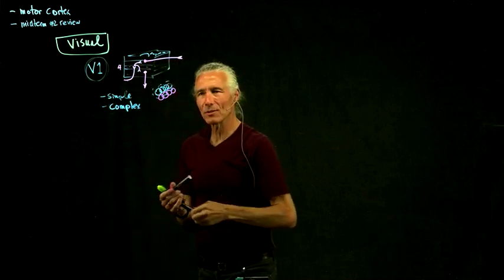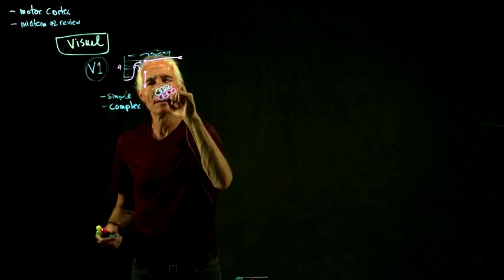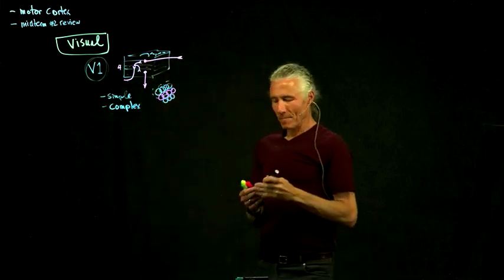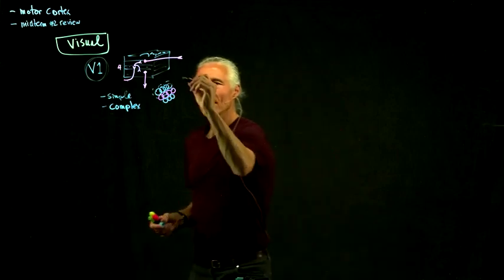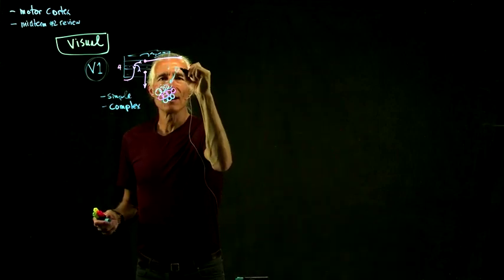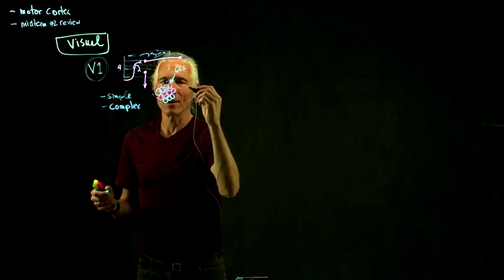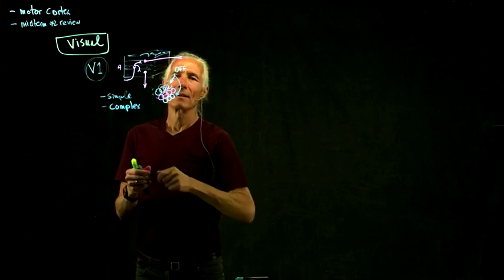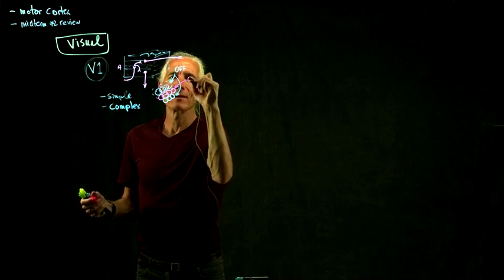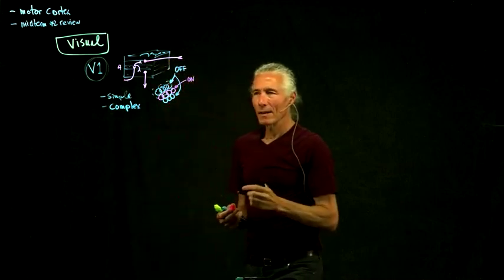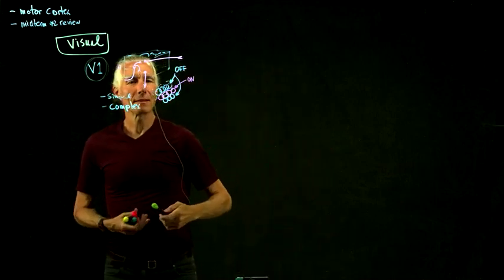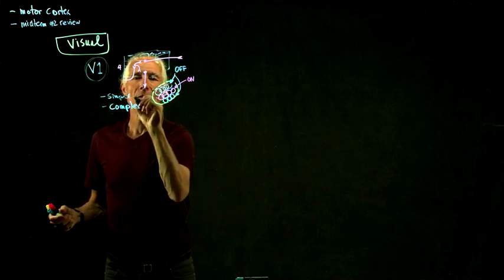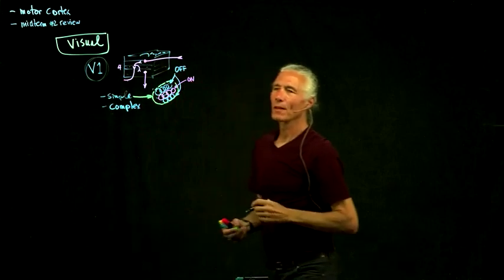And maybe there's another row of on cells. Sometimes you have 2 rows, 3 rows. But basically, if these guys are off, meaning they like it when it gets darker, and these guys are on, they like it when it gets brighter, then you have a simple cell. So that thing is the simple cell.